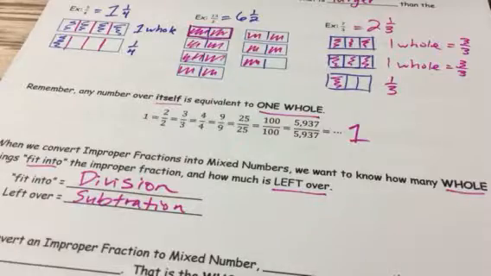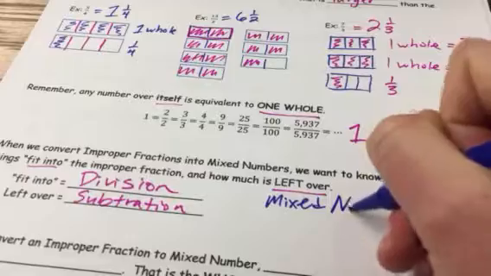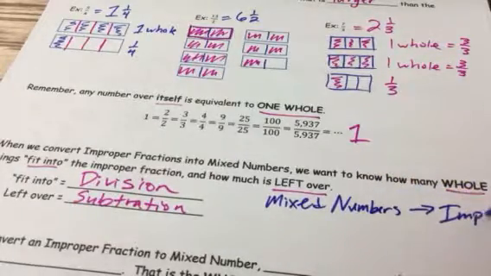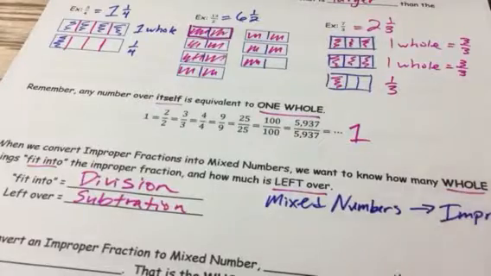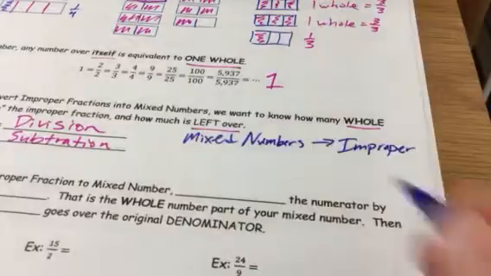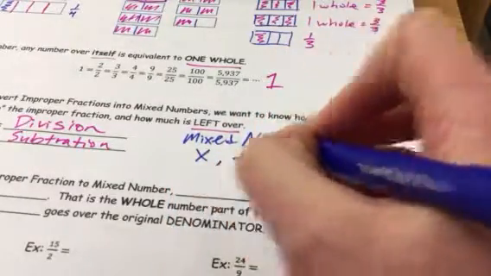And I also want to draw a connection between mixed numbers to improper. So when we converted from mixed numbers to improper fractions, what did we do? Well, we did our times, then plus. We multiplied and then we added.